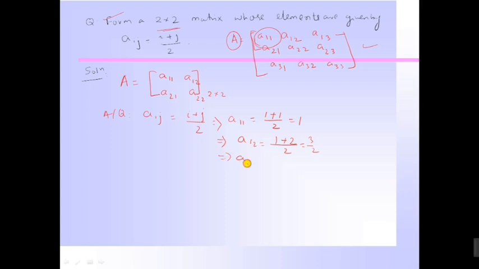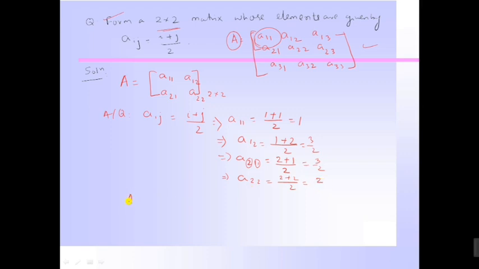Third is A21, where i is 2 and j is 1, divided by 2, which is also 3 by 2. And at last A22 is equal to 2 plus 2 divided by 2, which is 4 divided by 2, again 2.